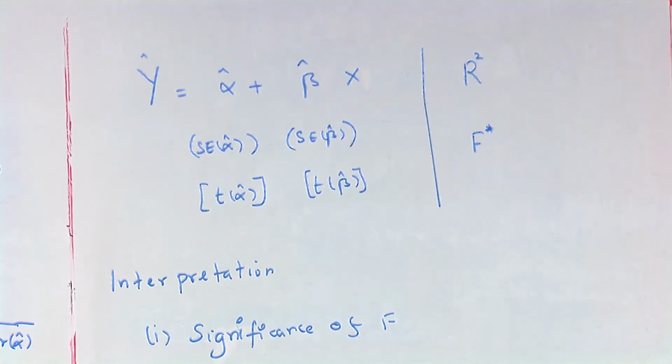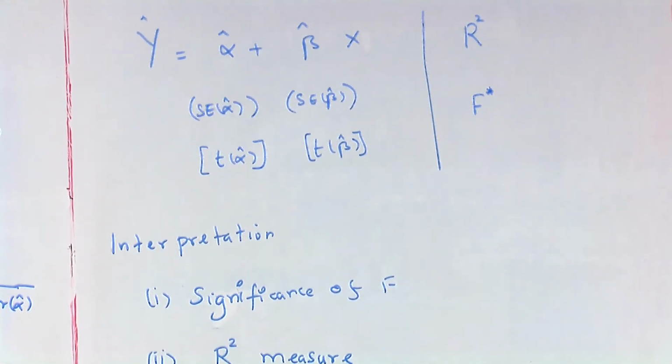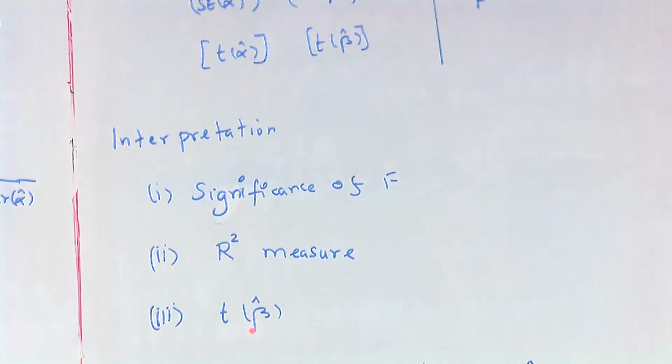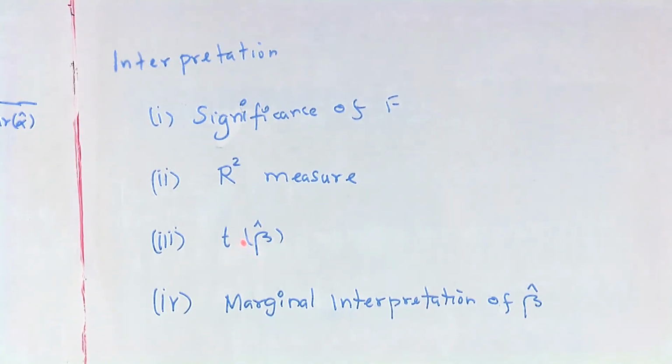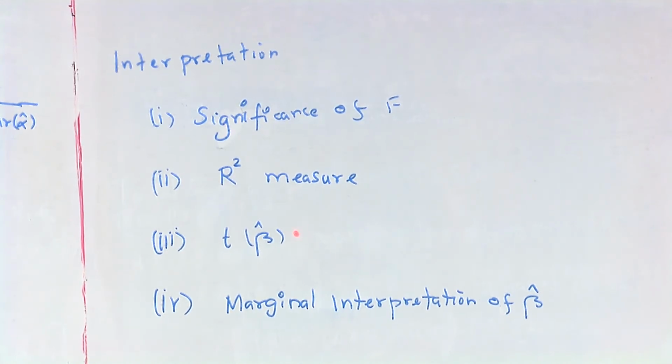And so thirdly, we will evaluate the significance of beta hat. If the calculated beta hat is significantly higher than the theoretical table value, then we will say beta hat is significant. And lastly, if beta hat is found significant, we will interpret the value of beta hat.